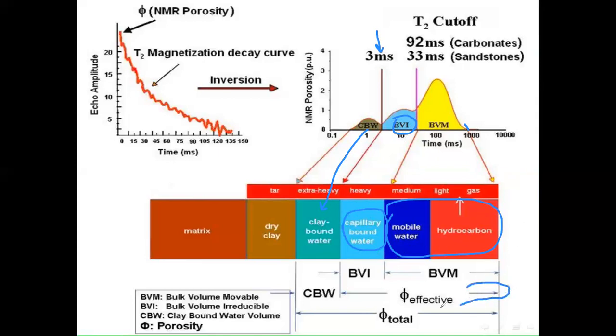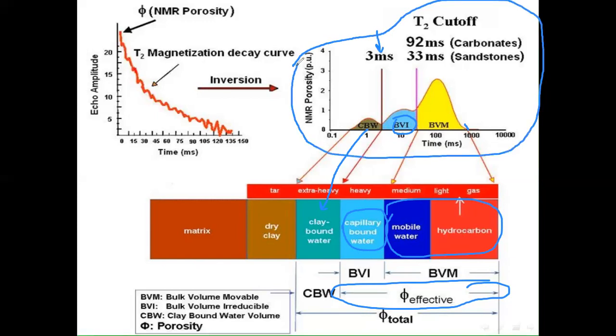This will represent the phi effective here, while phi total will represent the total area below the T2 distribution here. This curve is the result of applying mathematical inversion to the raw data of T2.